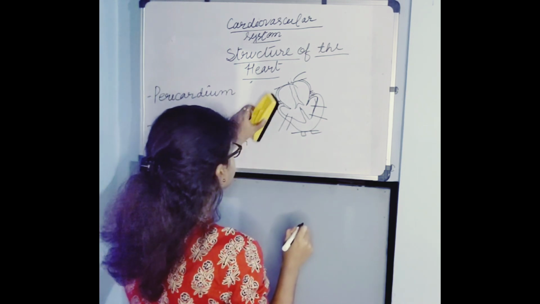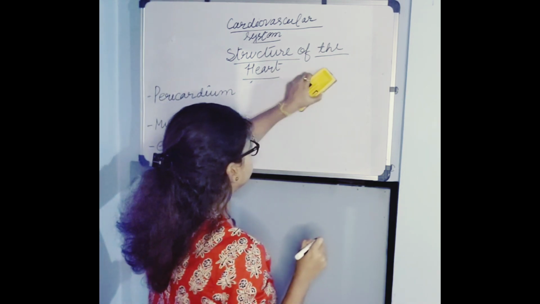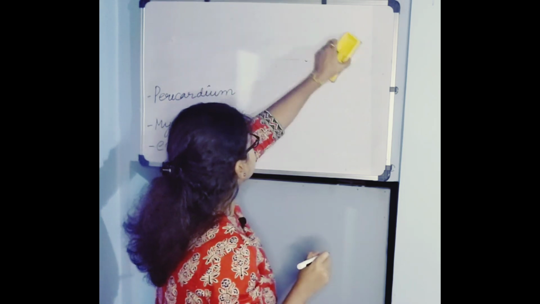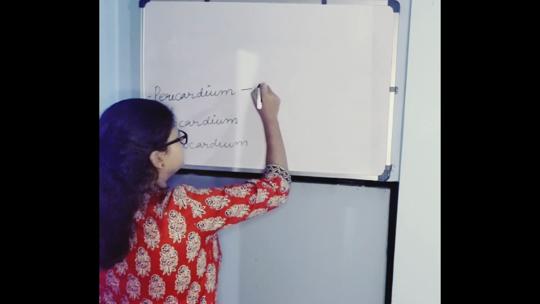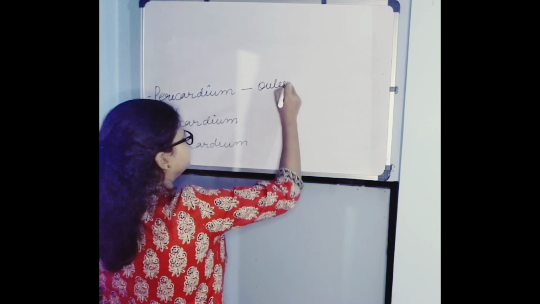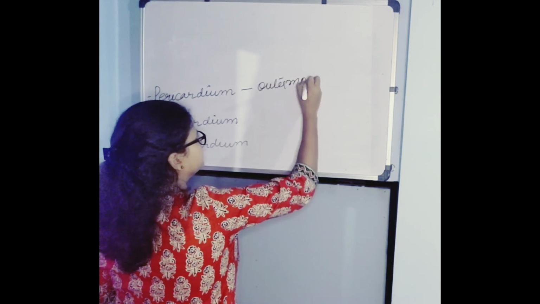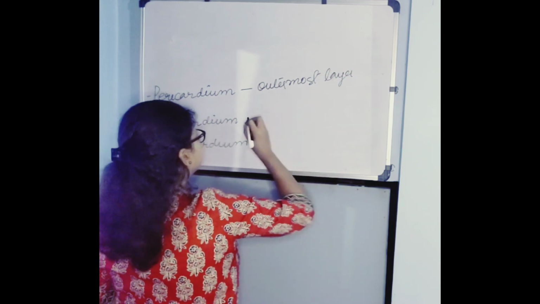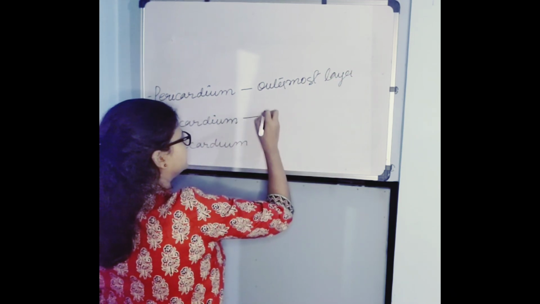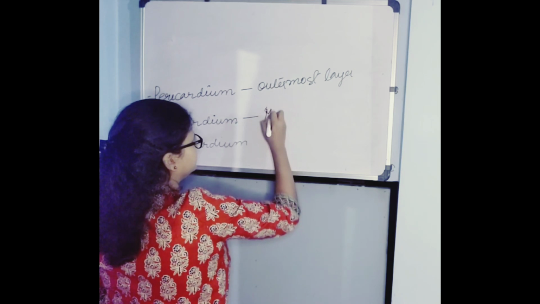Okay, pericardium is the outermost layer. Myocardium is the middle layer.